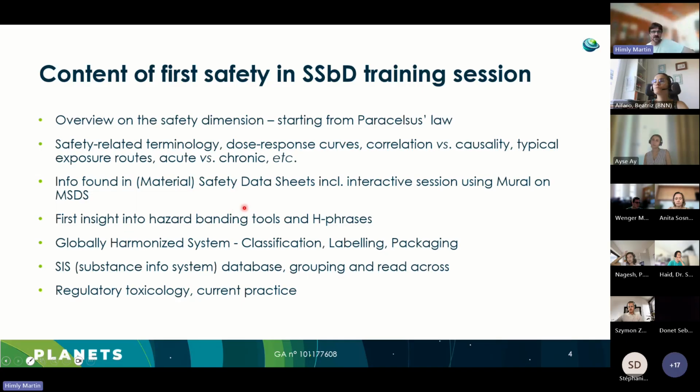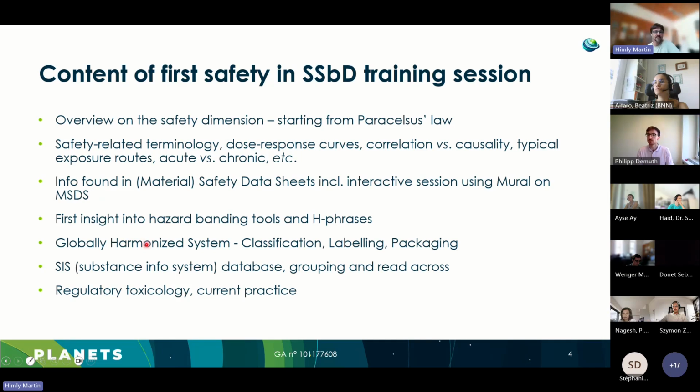Then we looked into material safety data sheets. We had a quite extensive and nice interactive session on a Mural on MSDS. We saw some first hazard banding tools. More will come, and we will see more next time after the summer break. And we dealt with H phrases. These are also implemented in the Globally Harmonized System and within classification, labelling, and packaging, CLP.